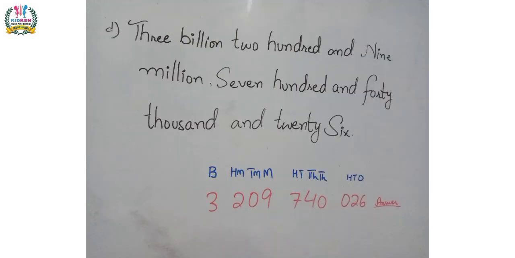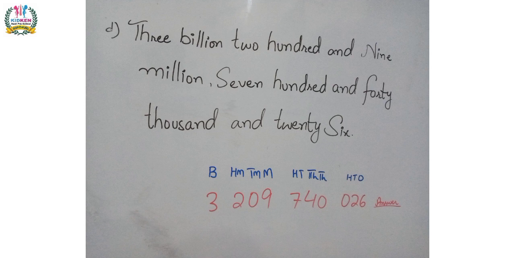So next part of this question, 3,209,740,026. This is a very simple and easy question. Firstly, we write the place values: ones, tens, hundreds, thousands, 10,000s, 100,000s, millions, 10 millions, 100 millions and billions. And simply write the digits down the place values. Firstly we have 3 billion, so we write 3 down in the billion place value.